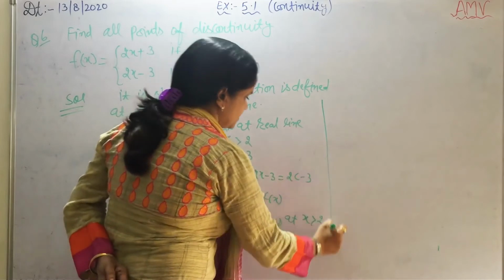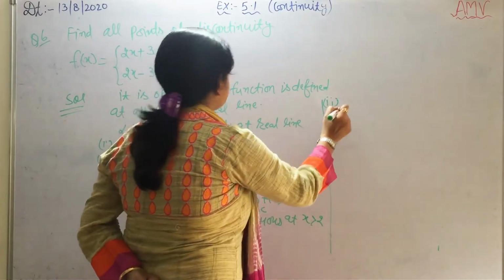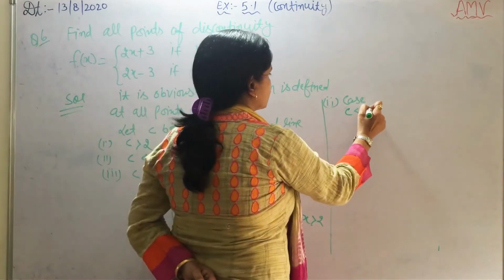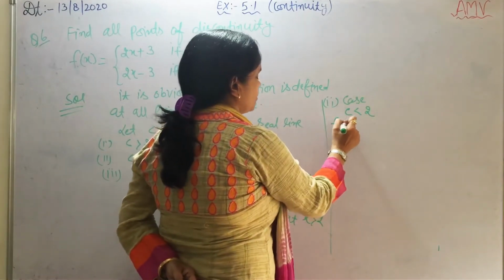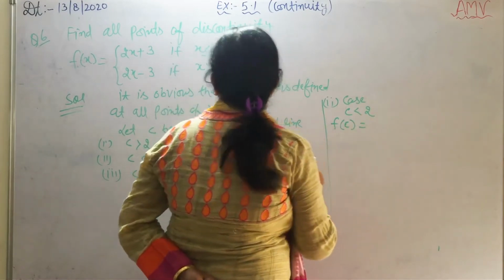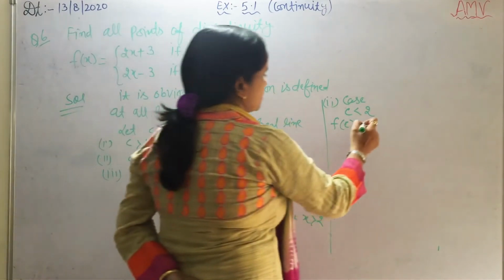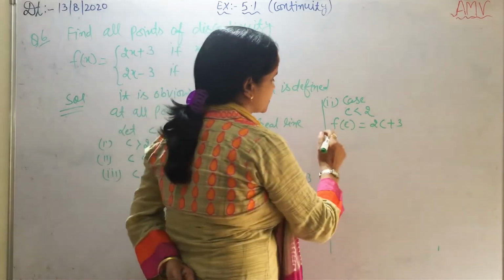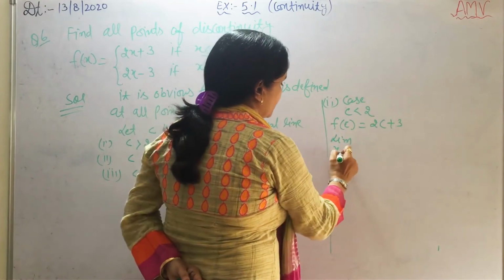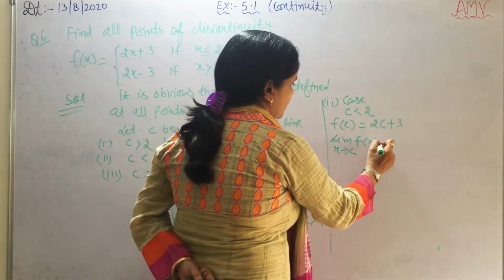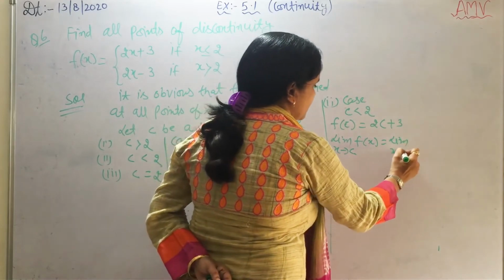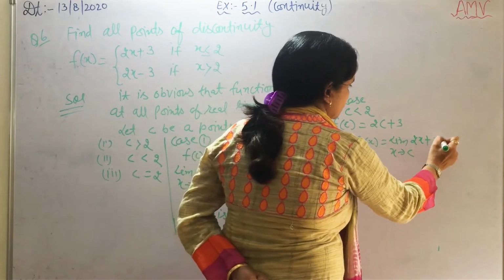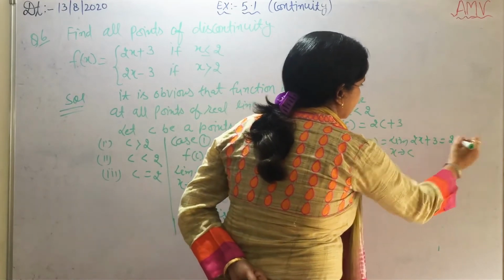Now consider case 2. Here c is less than 2. So same method. First of all find f(c), the value of the function. So it is 2c plus 3. Write c in place of x only. Now the limit as x tends to c of f(x), write the function 2x plus 3, and we get 2c plus 3.